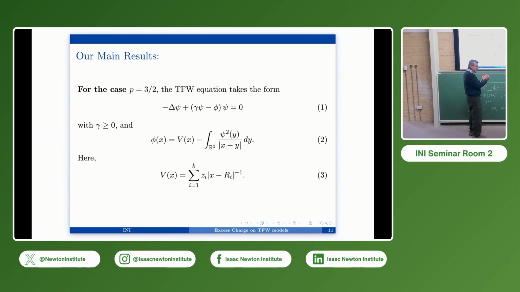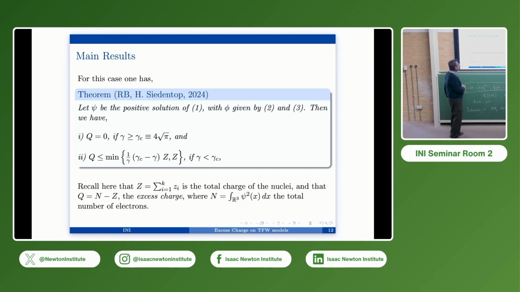There's a scale in this problem that disappears. I can show it to you later. But okay, I can discuss that later. So in the P equal 3/2 case, there's a scale that disappears from the problem. We can discuss later.